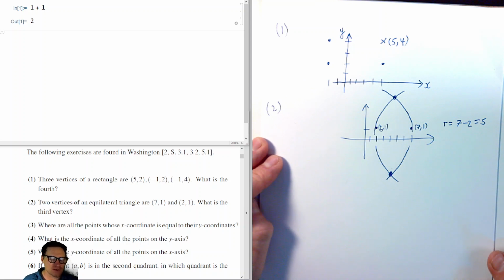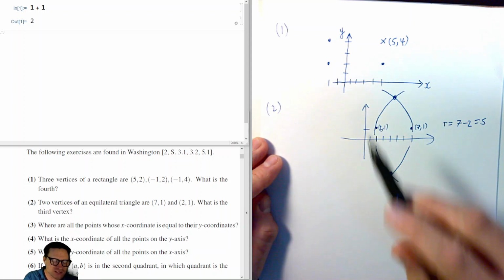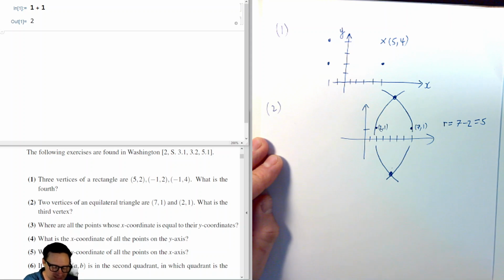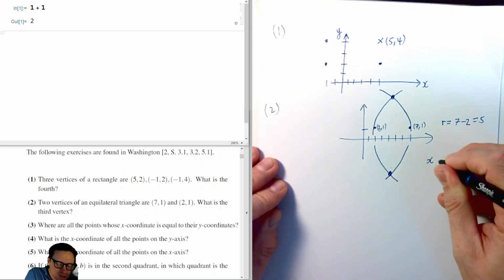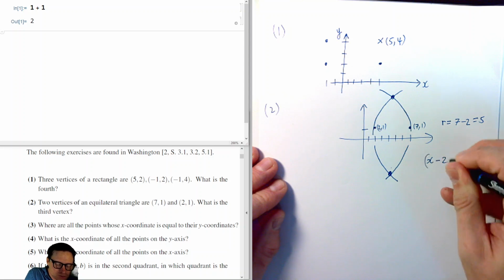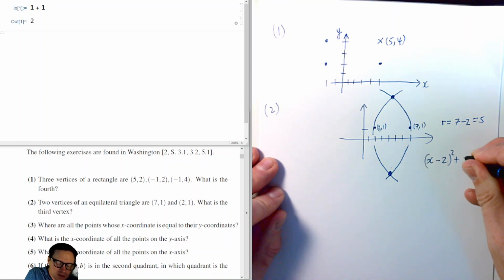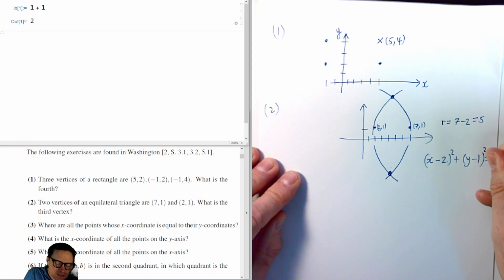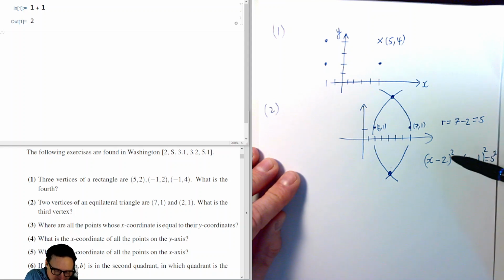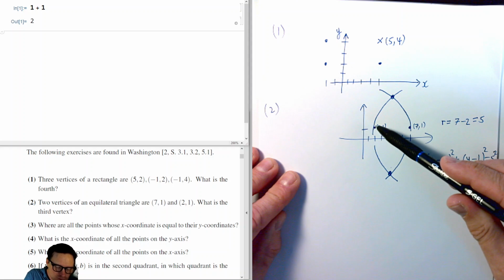So let's set up the equations of 2 circles of radius 5 with center respectively (2, 1) and (7, 1). So the first one would be (x - 2)^2 + (y - 1)^2 = 5^2. That's the circle with center (2, 1).